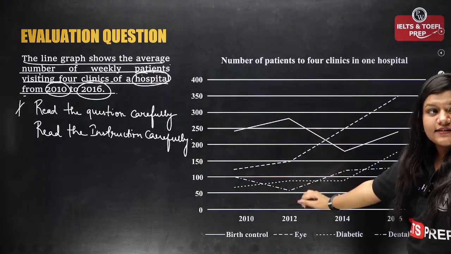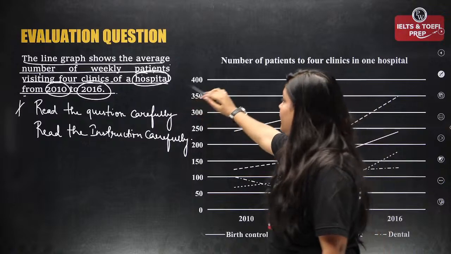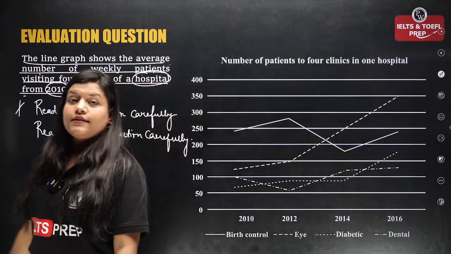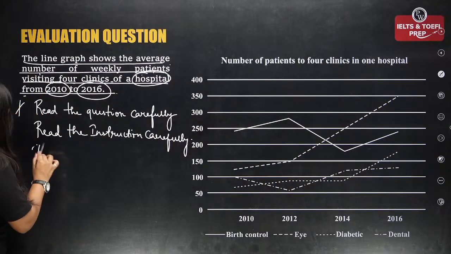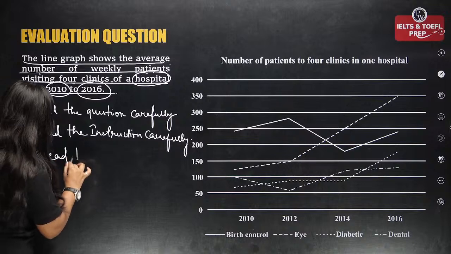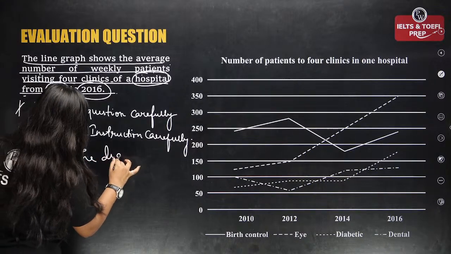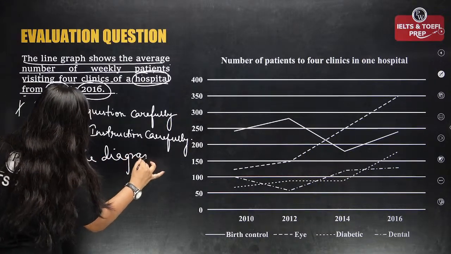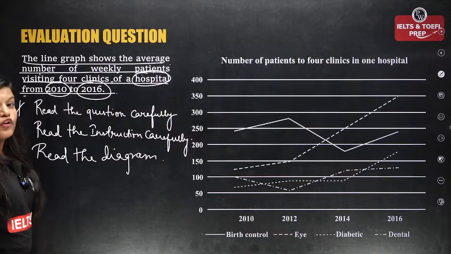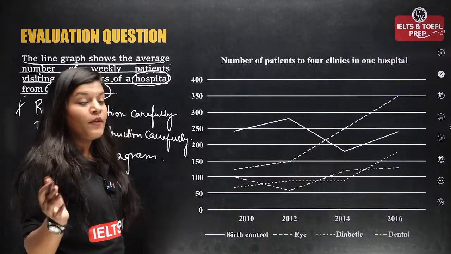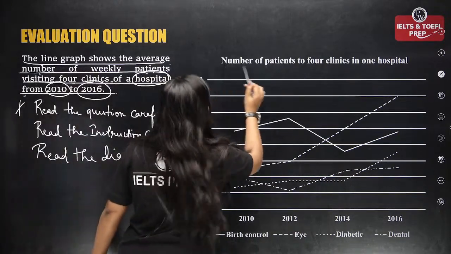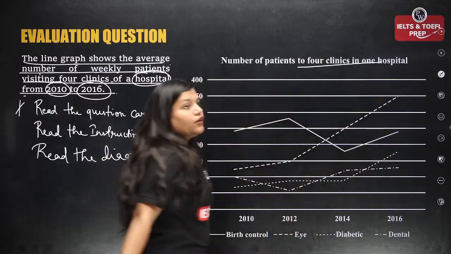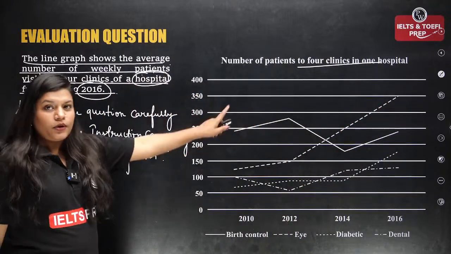So, let's understand, after reading the question, we need to read the diagram as well, as I have already told you. Let's understand the diagram so that it will be easier for us to understand the answer, right? Now, number of patients to clinic and hospital. Okay, this is what it is showing.